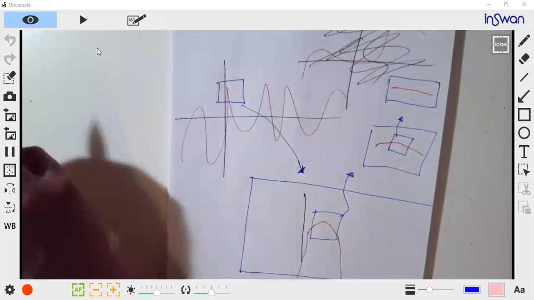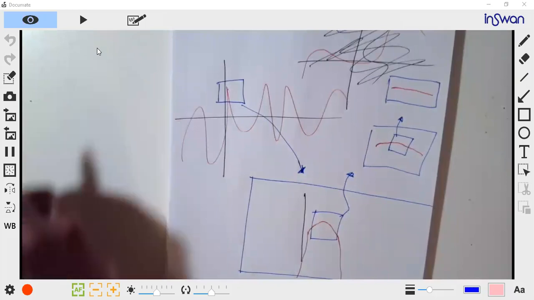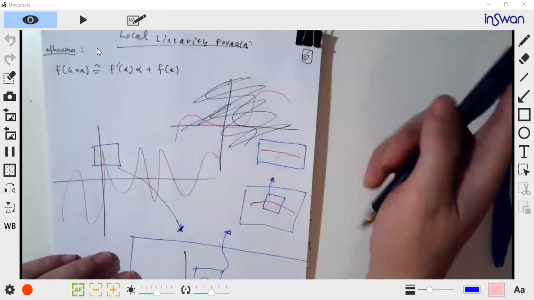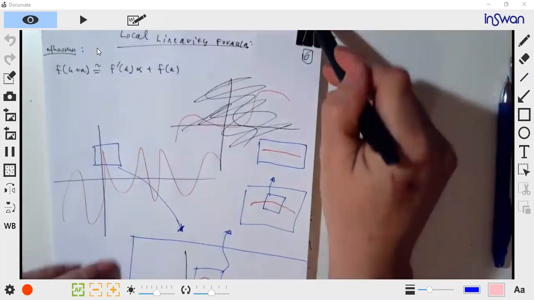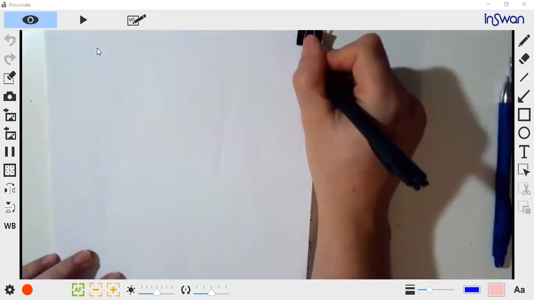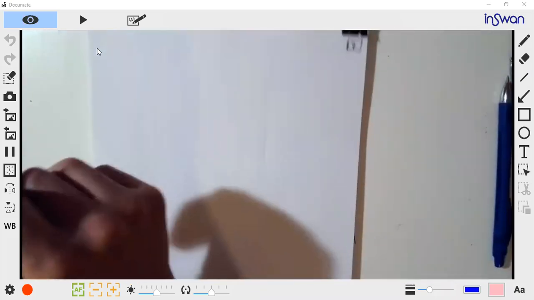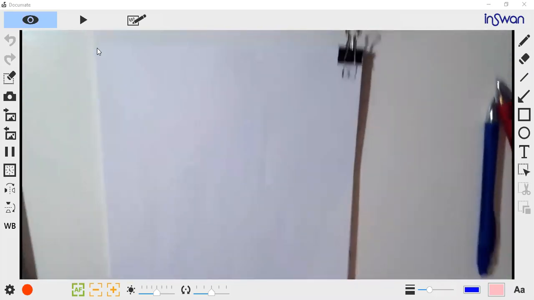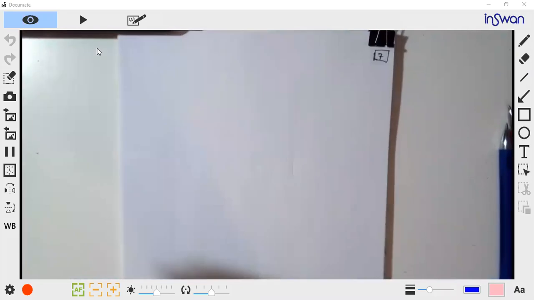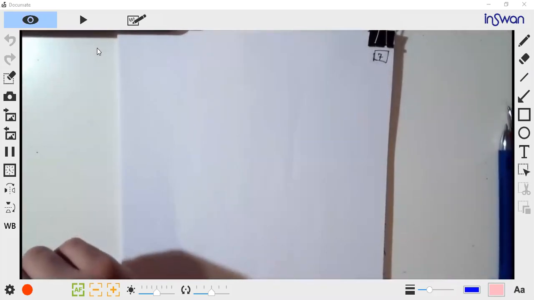That's called local linearity in 2 dimensions, okay? It says that curved functions, when you zoom in enough, seem flat. At some point, you can approximate it as a flat entity, even though globally, when you zoom out, it's not flat, it's curved.